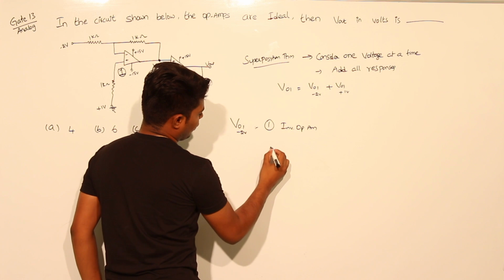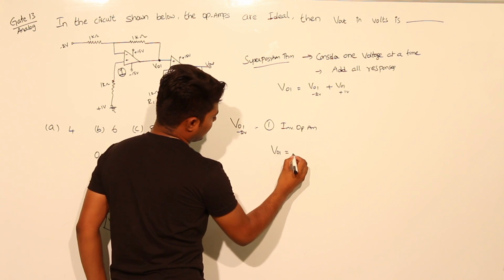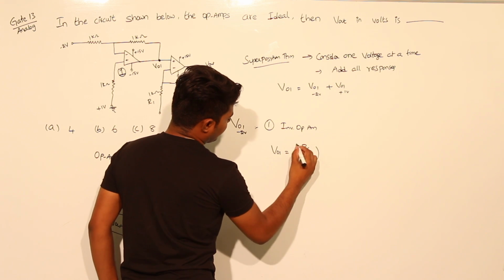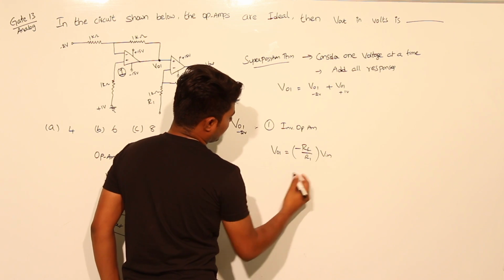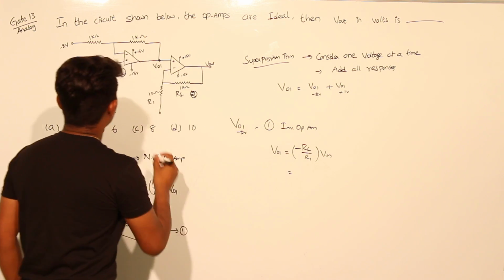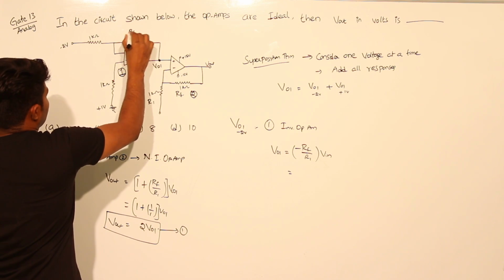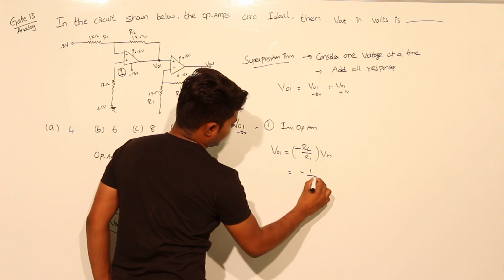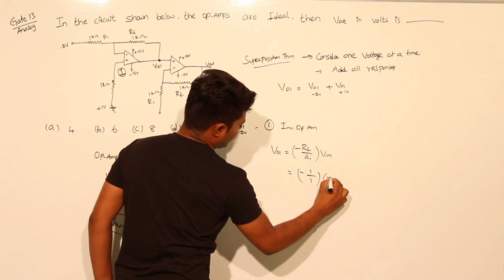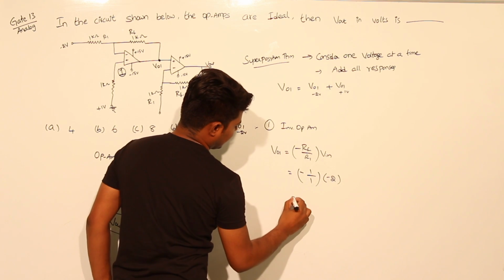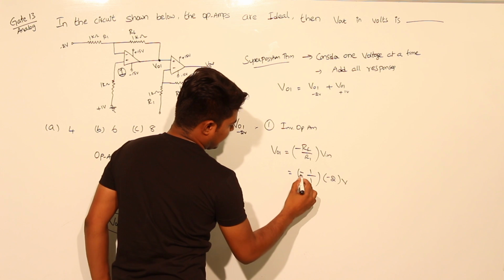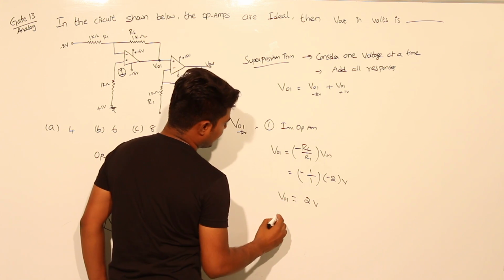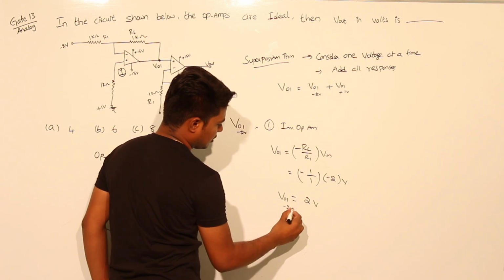For an inverting op amp, VO1 equals minus RF by R1 into Vin. This is RF, this is R1. So minus 1 by 1 into the input of minus 2 volts. Minus into minus becomes plus, so this will be plus 2 volts. VO1 due to minus 2 volts is 2 volts.